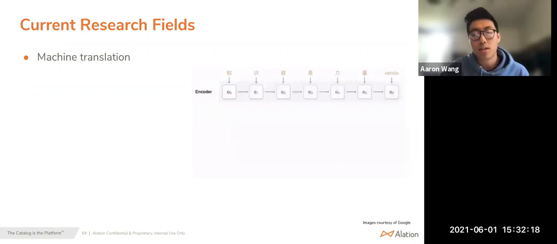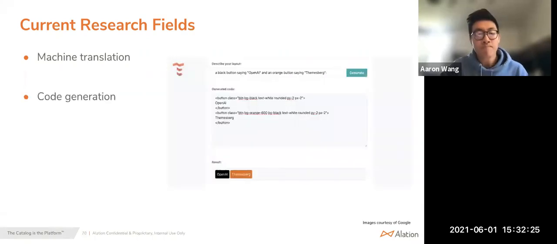But a lot of these architectures in machine translation have trickled into code generation. What this looks like is inputting something in natural language and outputting the correct code syntactically.